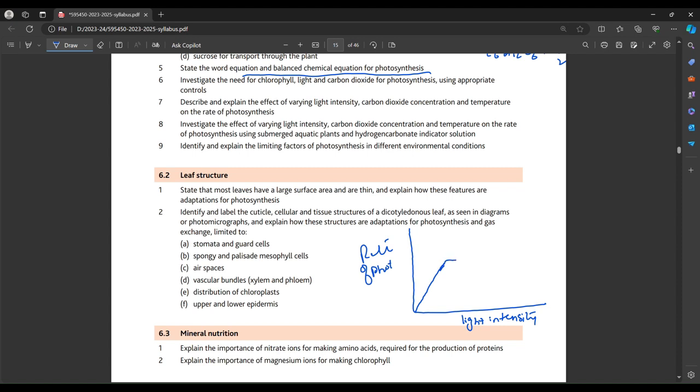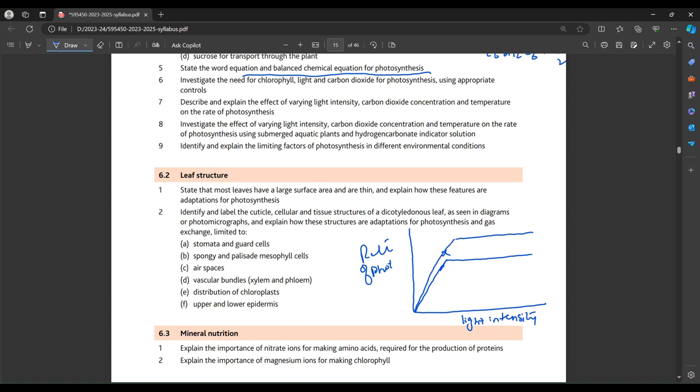Beyond x, light intensity is no more the limiting factor.